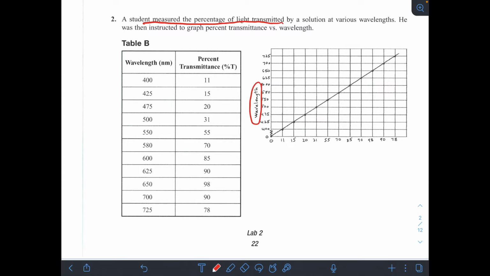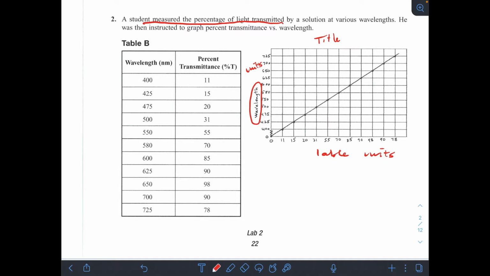Right, so you'll be asked to identify a number of mistakes that this student committed with this graph. Right, notice that there is no label here. That's not how you spell label, but you know what I mean. It needs units, title. All kinds of things are wrong with this graph.